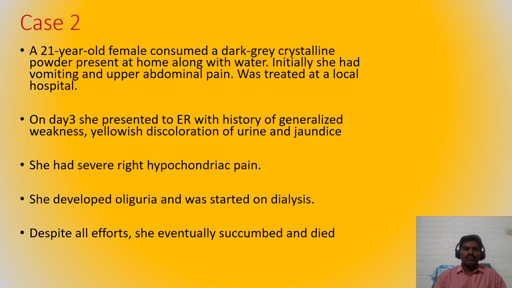And despite all efforts, the patient has succumbed. So what do you think the compound is? Dark gray crystalline powder is usually zinc phosphide, which is extensively available in India as sachets for rat bait. And this is an intentional poisoning. Young women usually have more chance of suicidal poisoning.